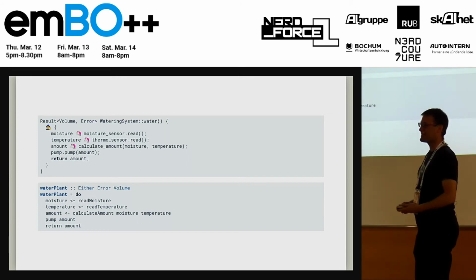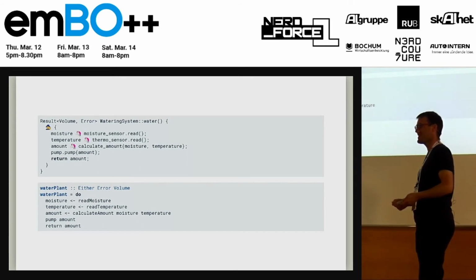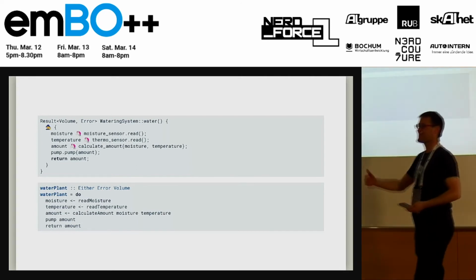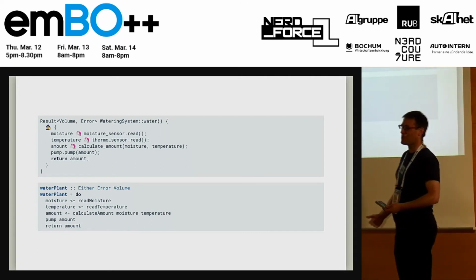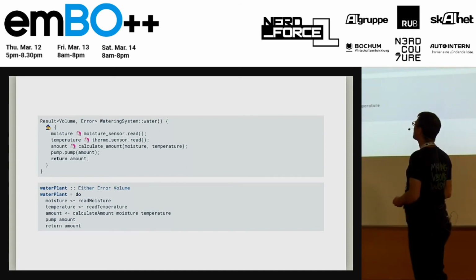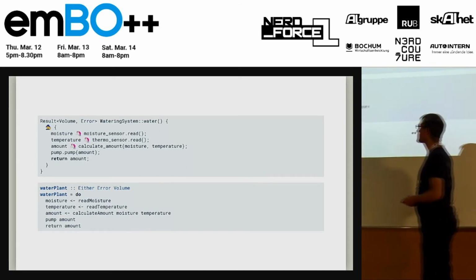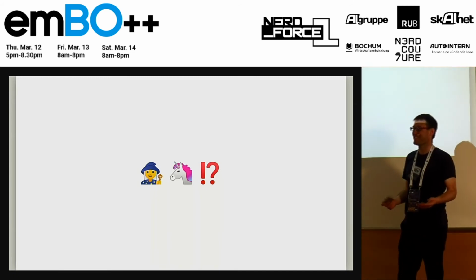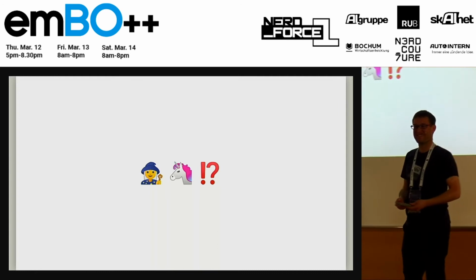But unfortunately, I don't know how the do notation and the arrow operator should look like, so this is the barrier or the wall that I hit, and I couldn't get further. So if you have an answer for me, I'm open.